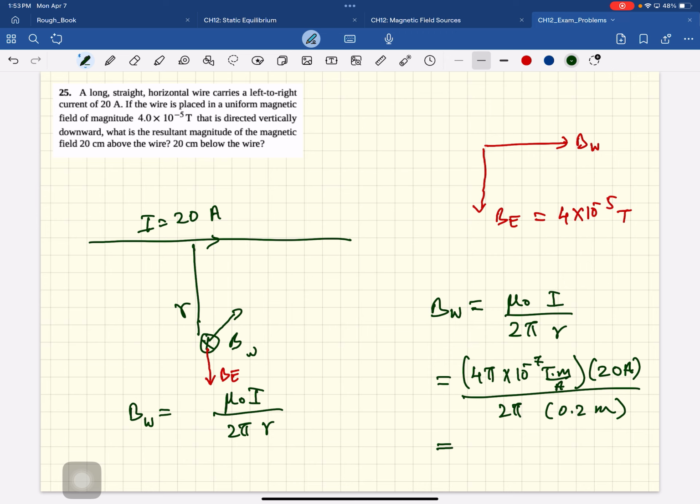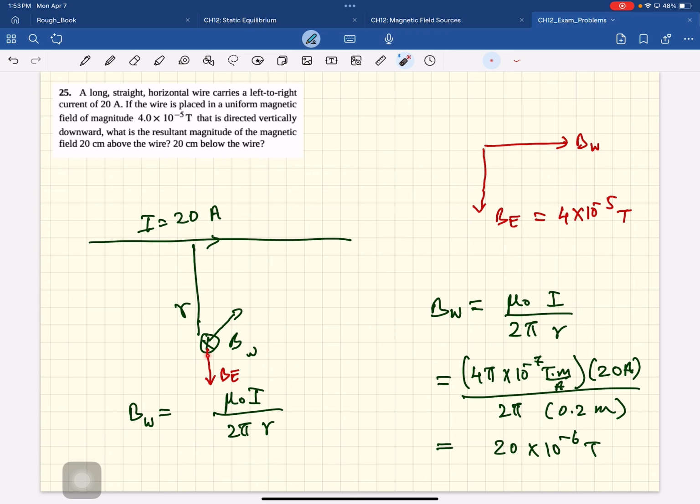Okay, so you get 2 from there, 10 to the minus 6, the 2 cancels, so 20 times 10 to the minus 6 Tesla. So this field due to the wire is 20 times 10 to the minus 6.